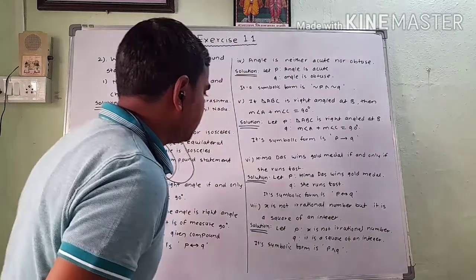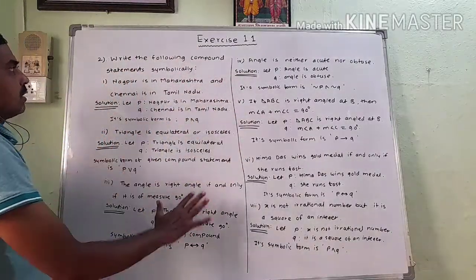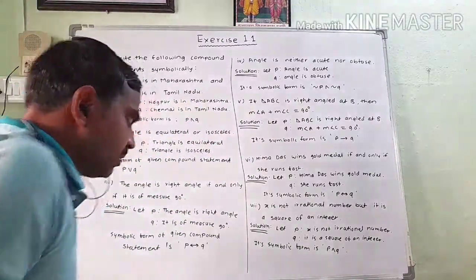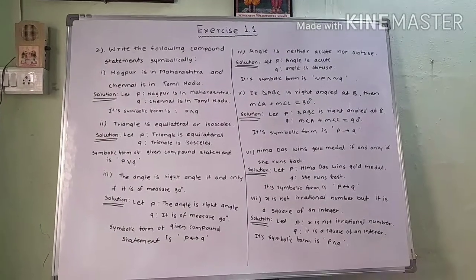Its symbolic form is P and Q. In this way we can write all compound statements in symbolic form. You can easily write this symbolic form.